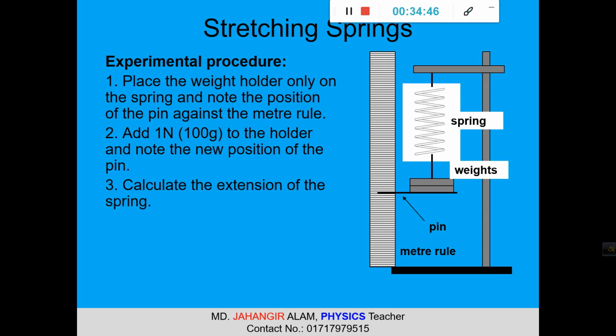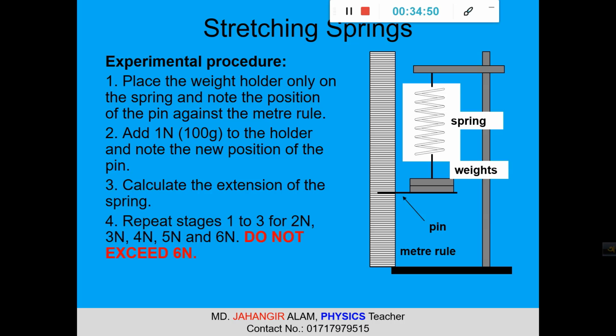Then calculate the extension of the spring using this formula: extension equals new length minus original length.